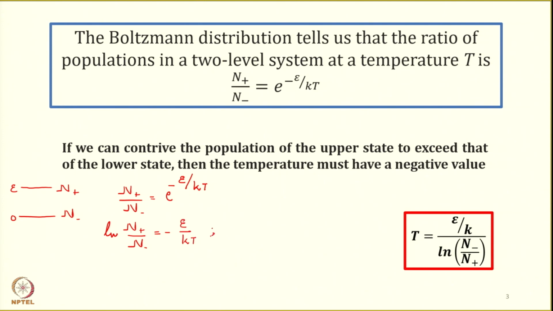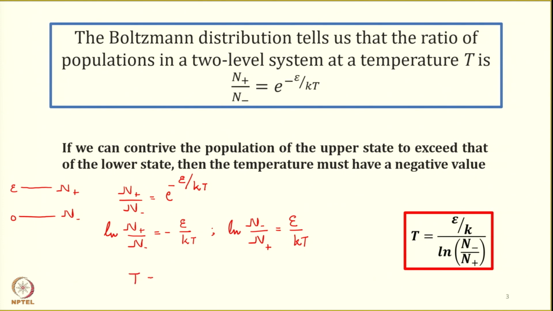Let us consume the negative sign. So then I can write log of N minus over N plus is equal to E upon kT. I have consumed the minus sign and inverted N plus and N minus. Let us rearrange for temperature.